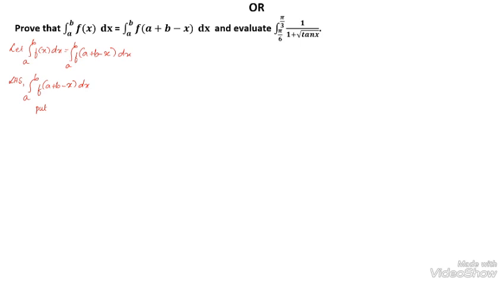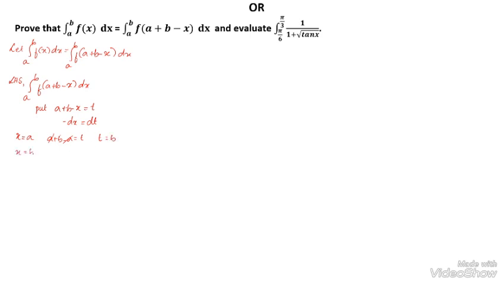Put a plus b minus x equals t. Differentiating, minus dx equals dt. The limits also change. Taking x equals the lower limit a, a plus b minus a equals t, a gets cancelled, and the limit changes to b.